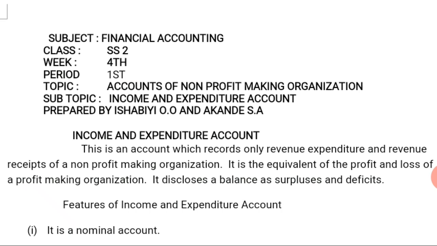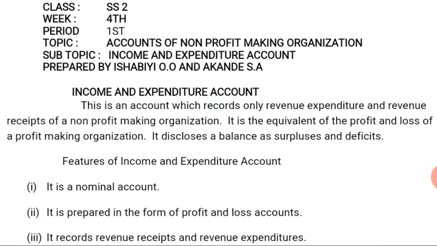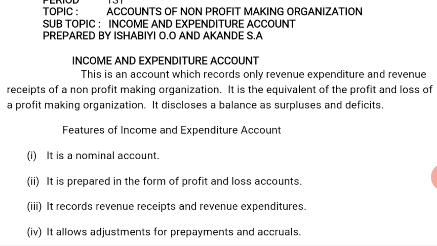This is an account which records only revenue expenditure and revenue receipts of a non-profit making organization. It is the equivalent of the profit and loss account of a profit making organization.